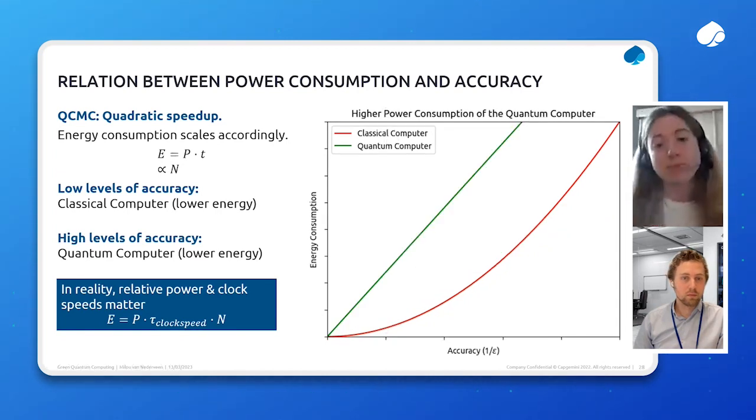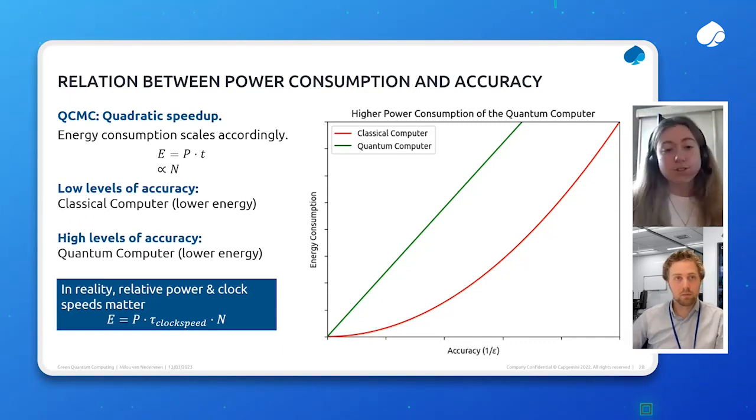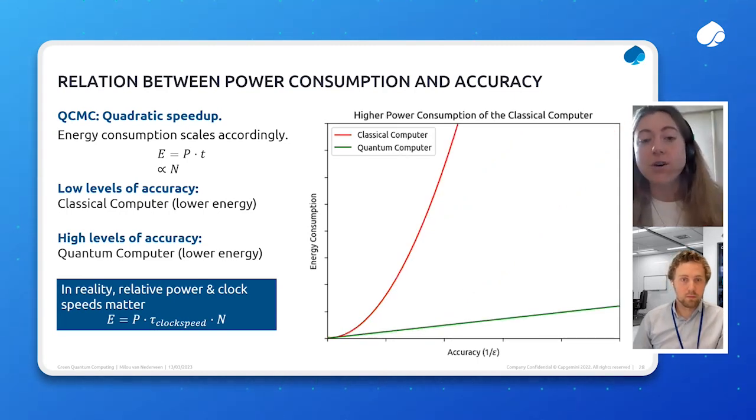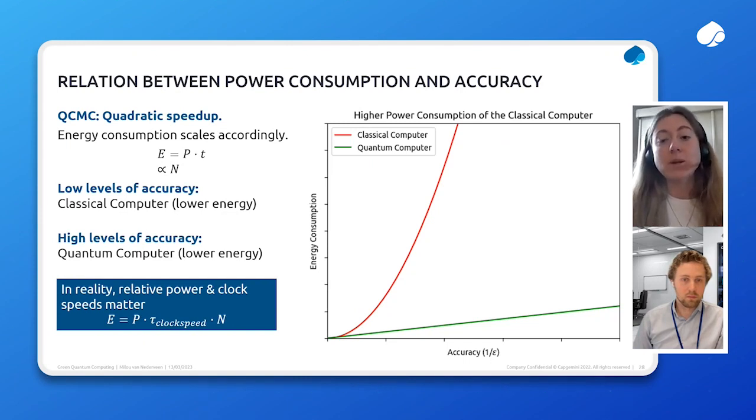In this case, even if you go to very high levels of accuracy, your classical computer would still be more energy efficient. But when we can decrease the clock speed and really optimize this power consumption, we can create a different scenario where instead the quantum computer might always be more energy efficient, which is what's visualized in this graph.